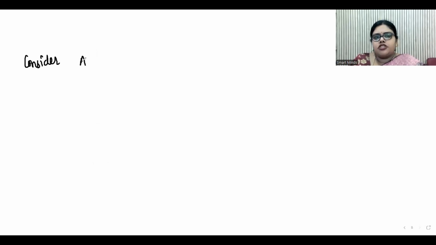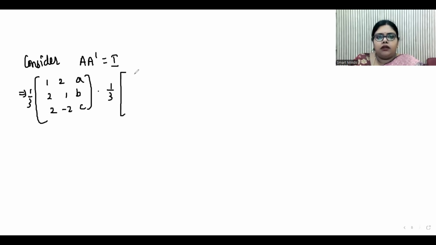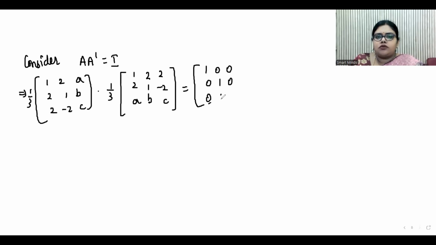We consider the condition for the matrix to be orthogonal, that is A A dash is equal to I. First, let us write the A matrix, 1 by 3 into [1 2 A; 2 1 B; 2 -2 C], into A dash, 1 by 3 into [1 2 2; 2 1 -2; A B C], is equal to I. We take I of third order, that is 1 0 0, 0 1 0, 0 0 1.